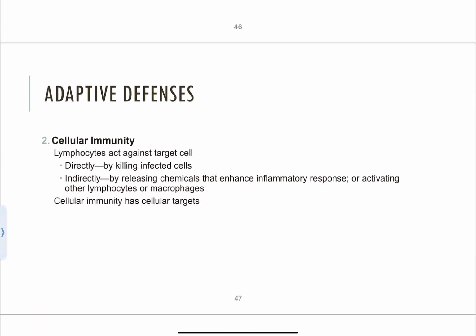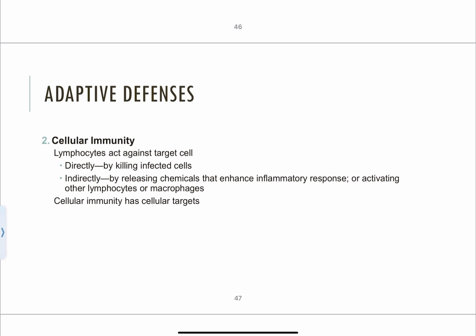We also have cellular immunity. If we have lymphocytes rather than antibodies coming in to help protect the body against microbes, that's when we're talking about cellular immunity. Cellular immunity has cellular targets, so again, cells that are infected with pathogens like viruses or bacteria, even cancer cells, or any other foreign microbe.